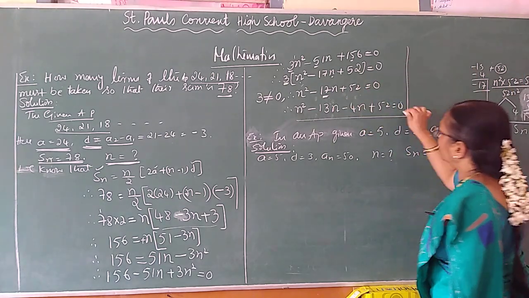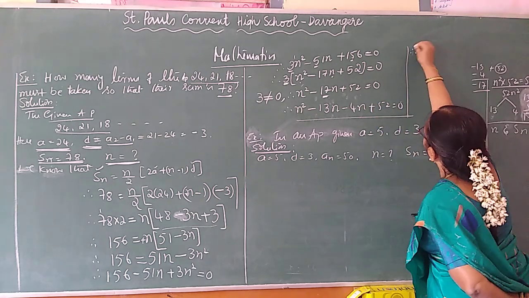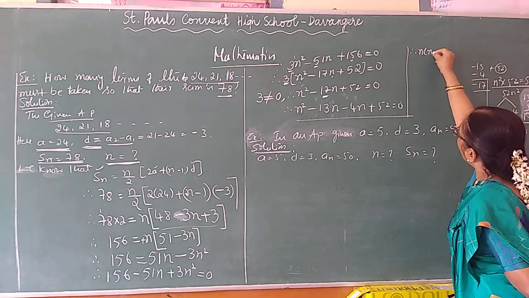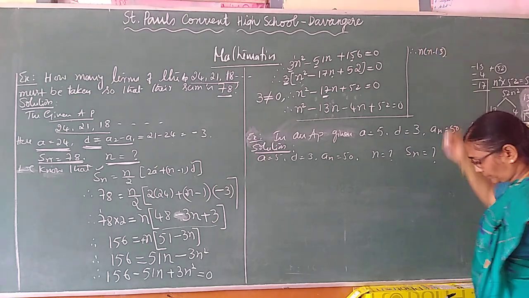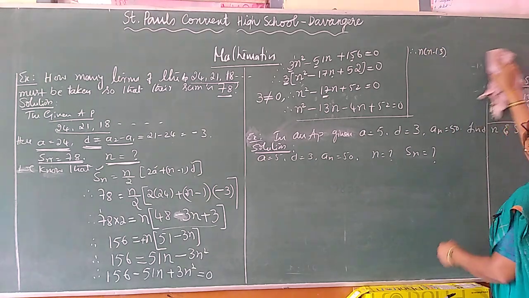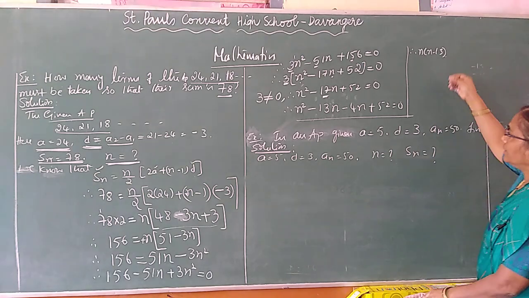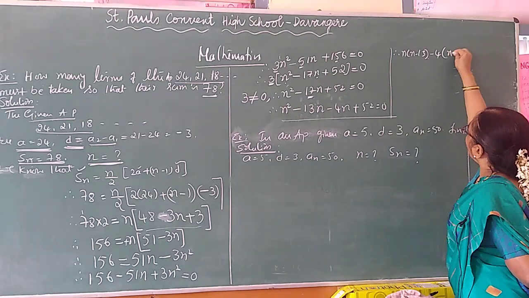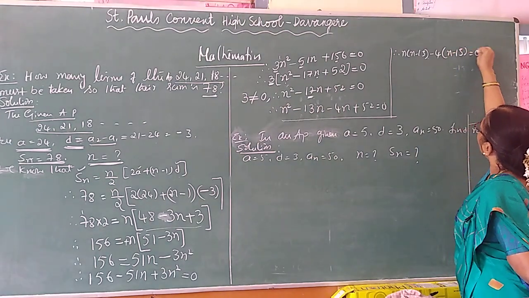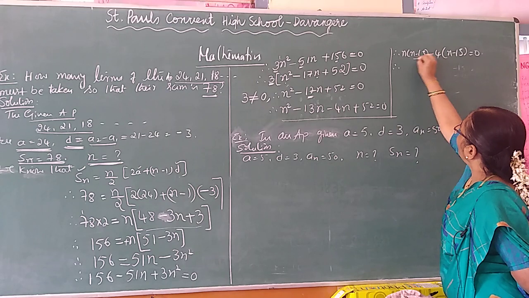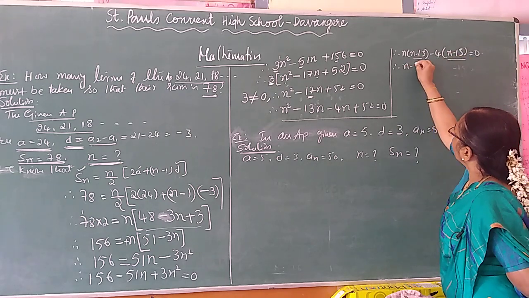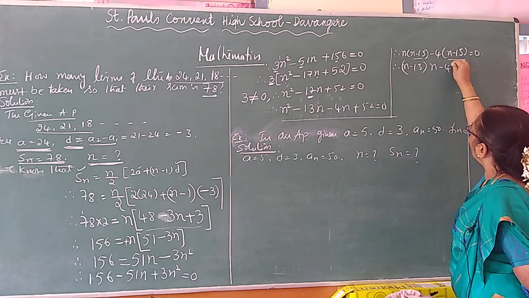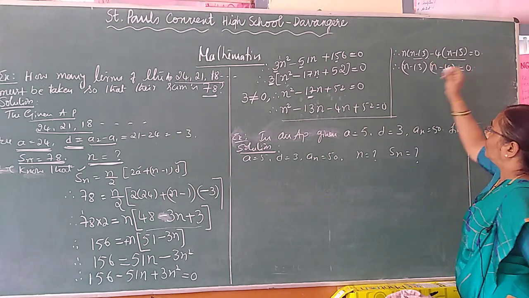Therefore, now we can find the value of n. n is the common factor: n into n minus 13, and minus 4 is the common factor, n minus 13 is equal to 0. Therefore, we have n minus 13 as our common factor and the remaining one is n minus 4, equal to 0.